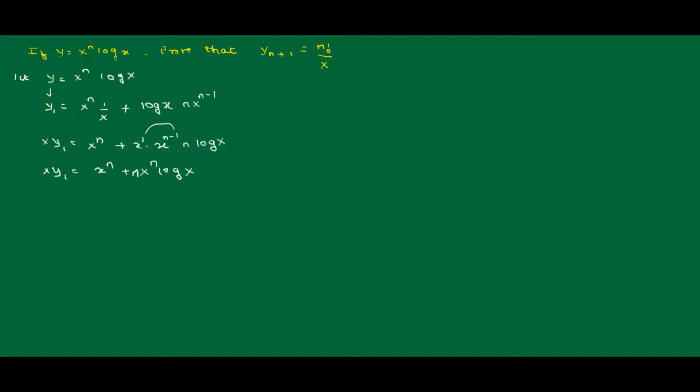Now you have to differentiate, or better I will write xy1 is equal to x raised to n plus n. Now the remaining term, what is the remaining term? This remaining term is x raised to n into log x, and its value is equal to y, because x raised to n into log x is equal to y. So here I will write it y.